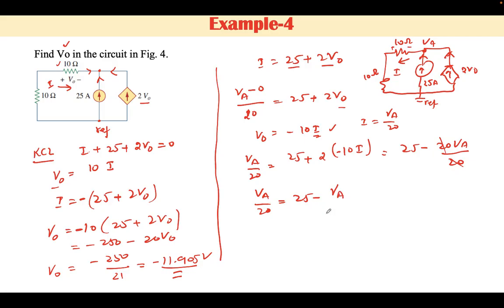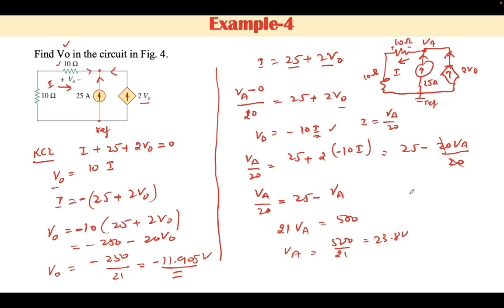Rearranging this equation, it will give 21 VA is equal to 500, and VA is equal to 500 divided by 21, which is equal to 23.8 volt.